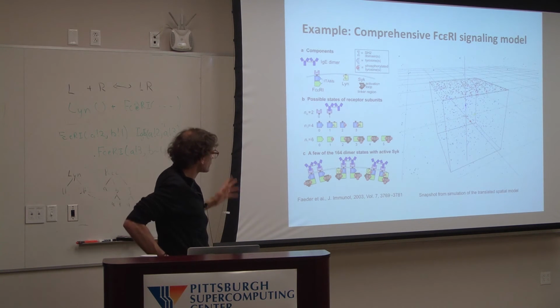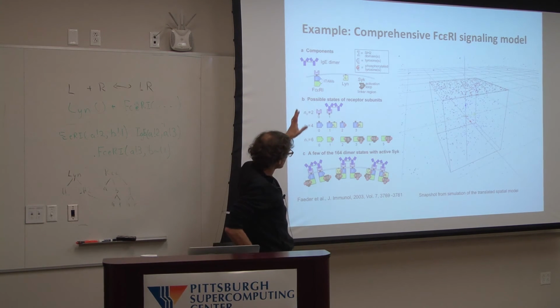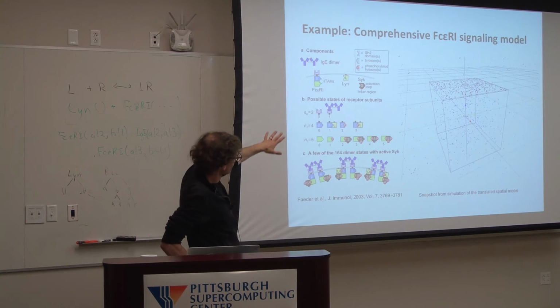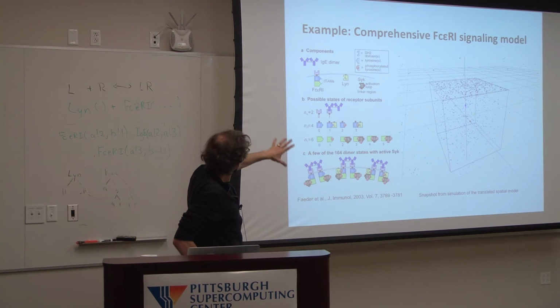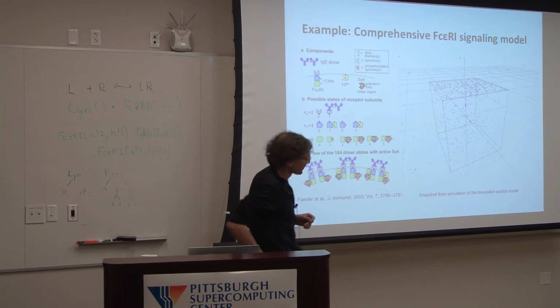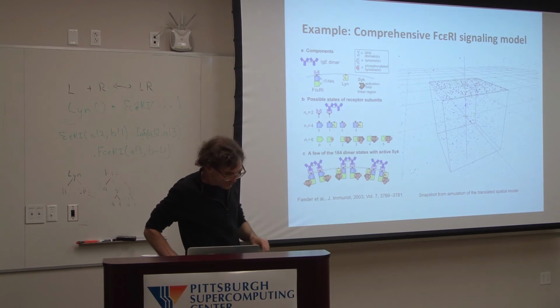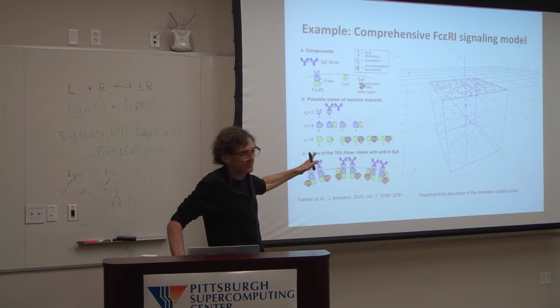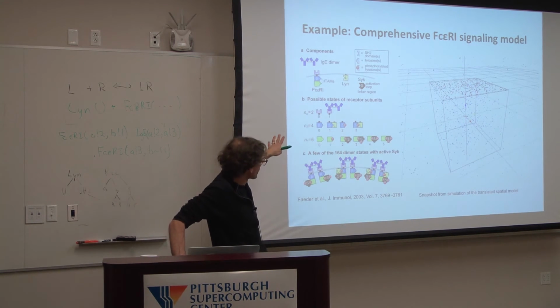What is shown here is that we've applied this pipeline to the IgE receptor, this immunoreceptor signaling pathway that I mentioned before, that has 354 species and thousands of reactions, and we can do those simulations effectively in MCell. This is just a snapshot of a simulation using this translation, and it typically takes maybe 30 seconds or so to take the model from BioNetGen, export it to MCell, and then start a simulation.